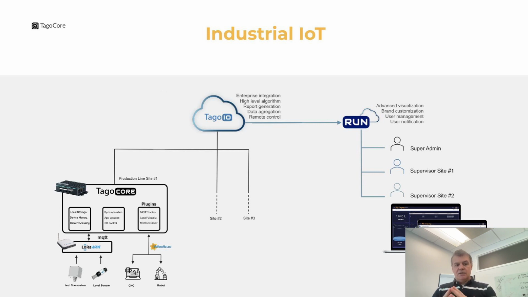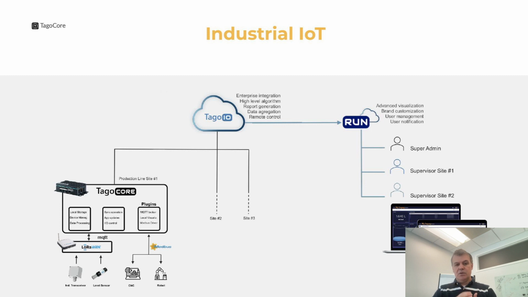Then on the cloud, you can take good advantage of Tago.io, where you can integrate with your enterprise system. You can execute very advanced algorithms, let's say with machine learning, or generate reports and aggregate the data. And then if you want to present this information to the users, you can still benefit from TagoRun.